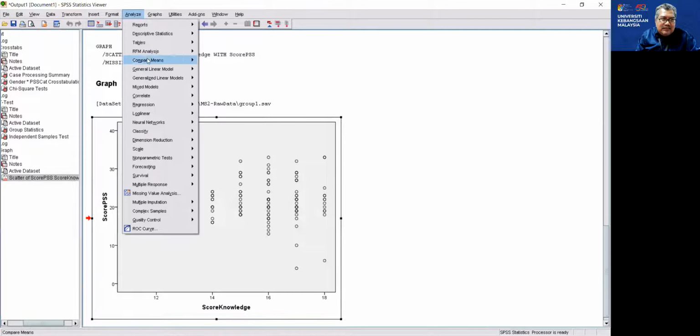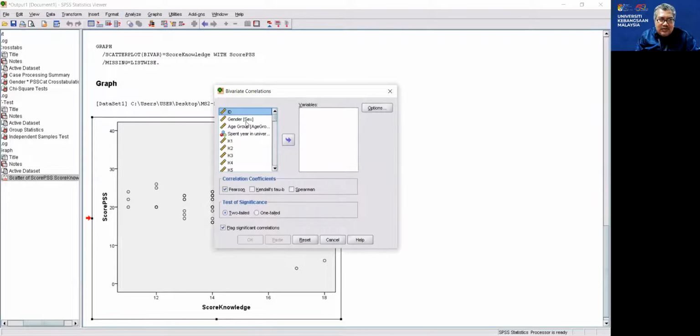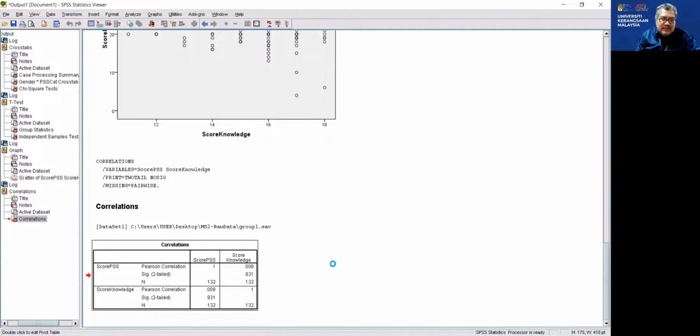We can analyze, correlate, bivariate. So we have the risk factor and the outcome, which is the knowledge and the score. Click OK. So you get tables like this.